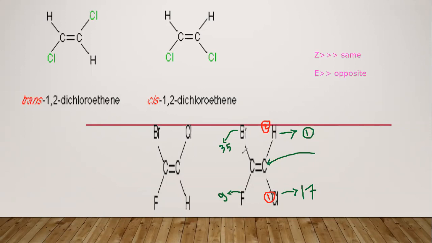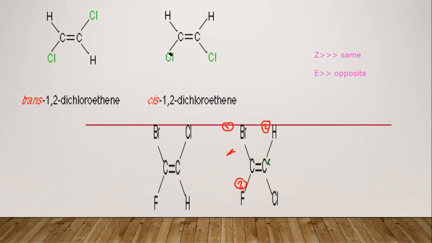Of course, bromine, 35. Fluorine is 9. Bromine has the higher priority. The priority of bromine is 1, but the priority of fluorine is 2. So you can erase these atomic numbers.